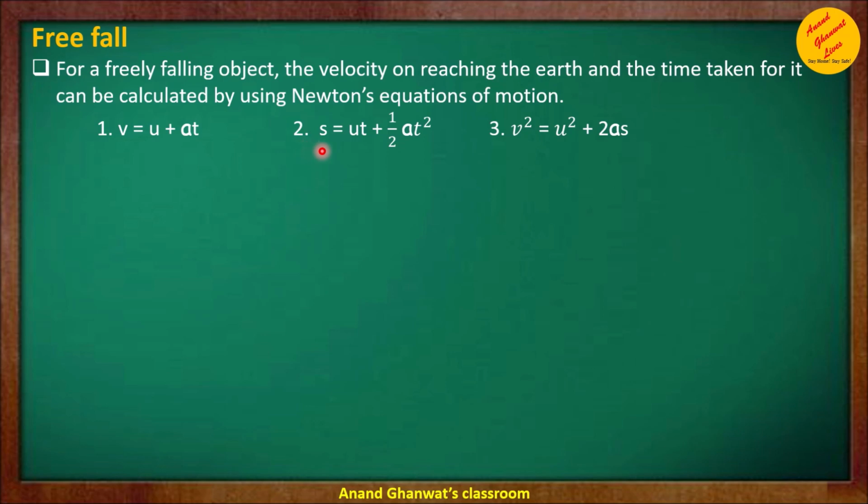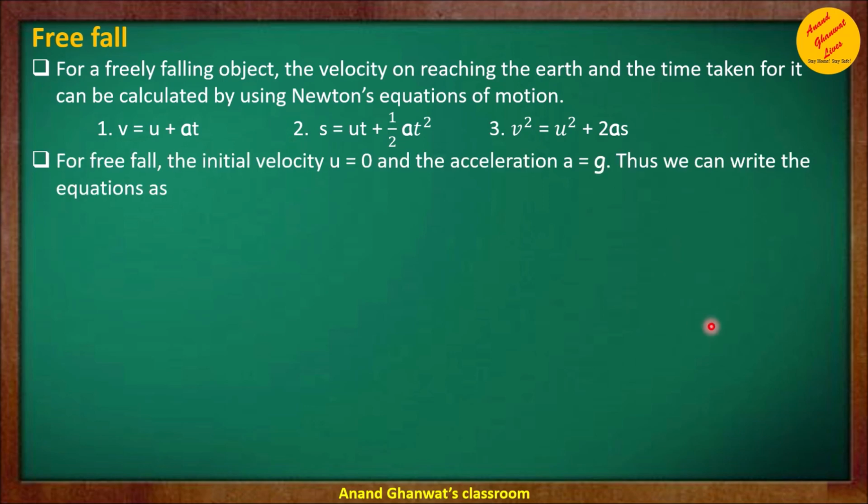Second equation: s = ut + 1/2 at². Third equation: v² = u² + 2as. So these are the three equations of motion.